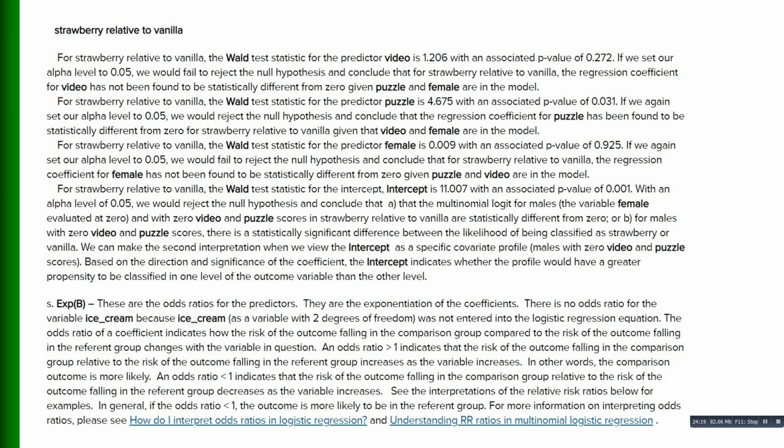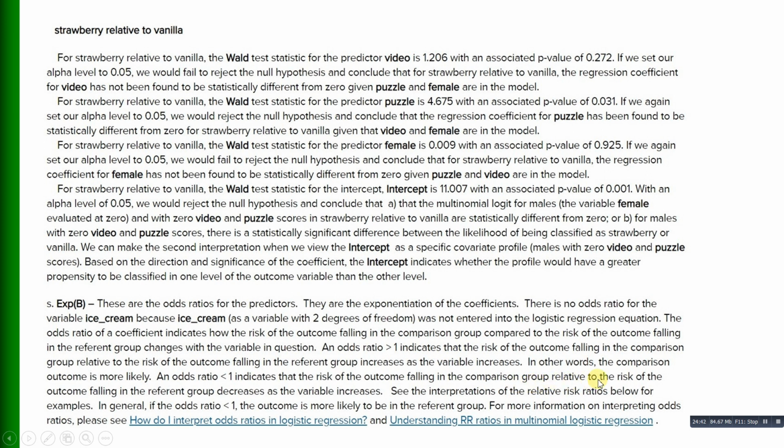Now coming to the second category, if the odds ratio is less than 1, then it indicates that the risk of the outcome falling in the comparison group relative to the risk of the outcome falling in the reference group decreases as the variable increases. Now see the interpretations of the relative risk ratios below, for example.